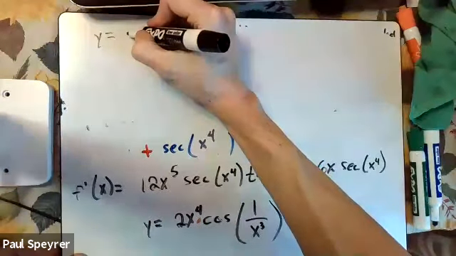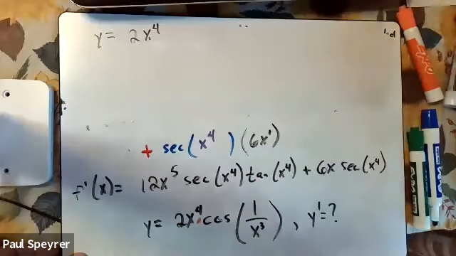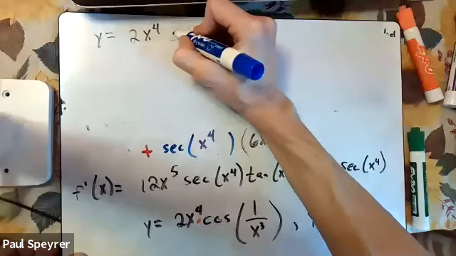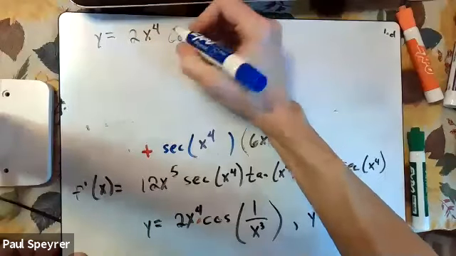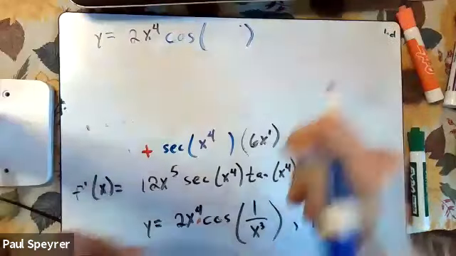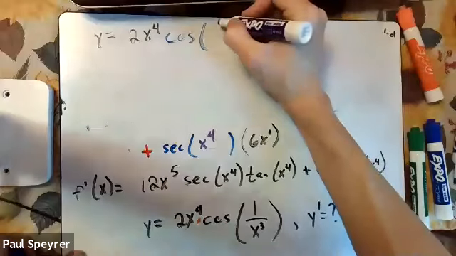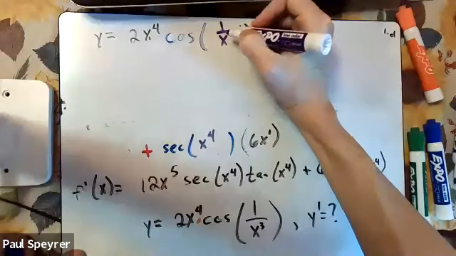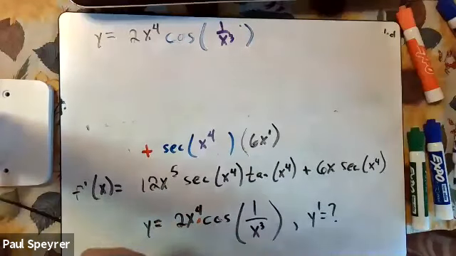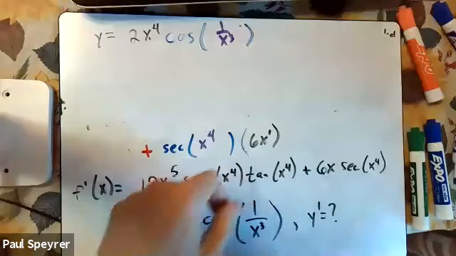So this, and cosine. There we go, right? 2x to the fourth, and then cosine of 1 over x cubed.